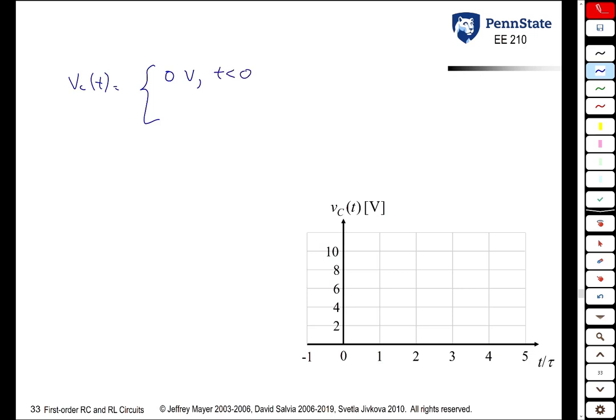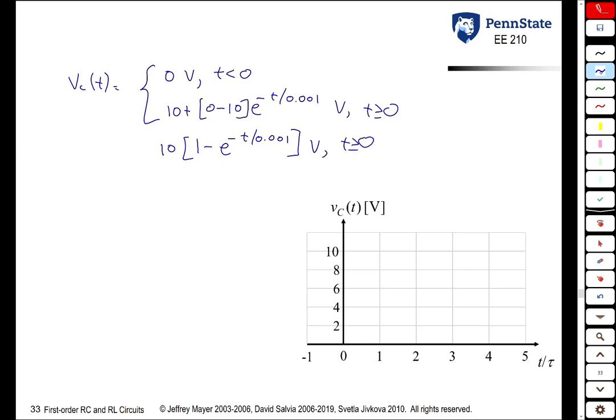And the equation for t greater than or equal to 0 is the final value plus initial minus final times e to the minus t over tau, which we can rewrite as 10 times 1 minus e to the minus t over 0.001 volts.